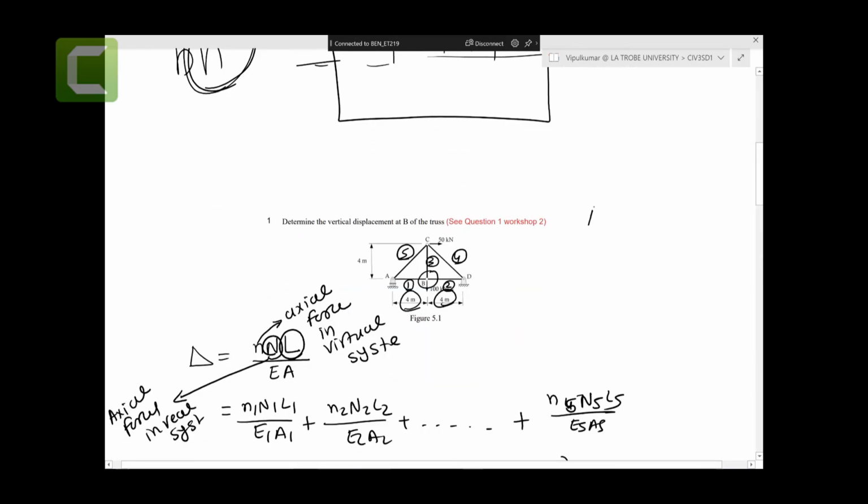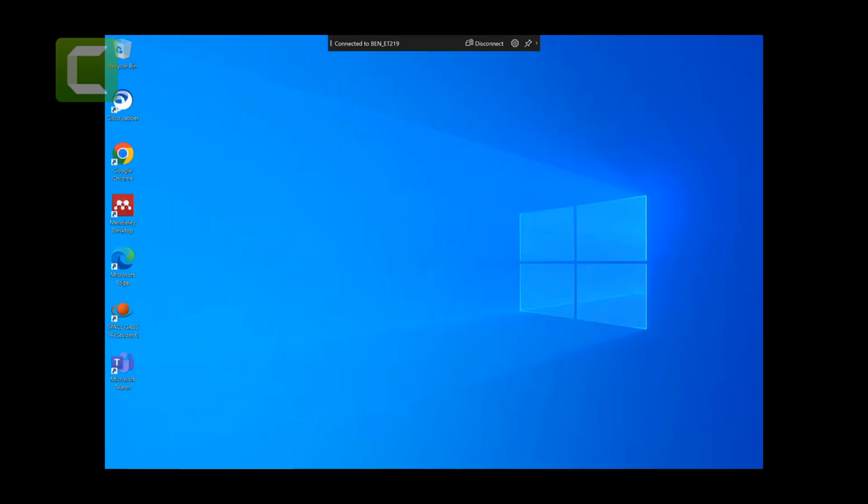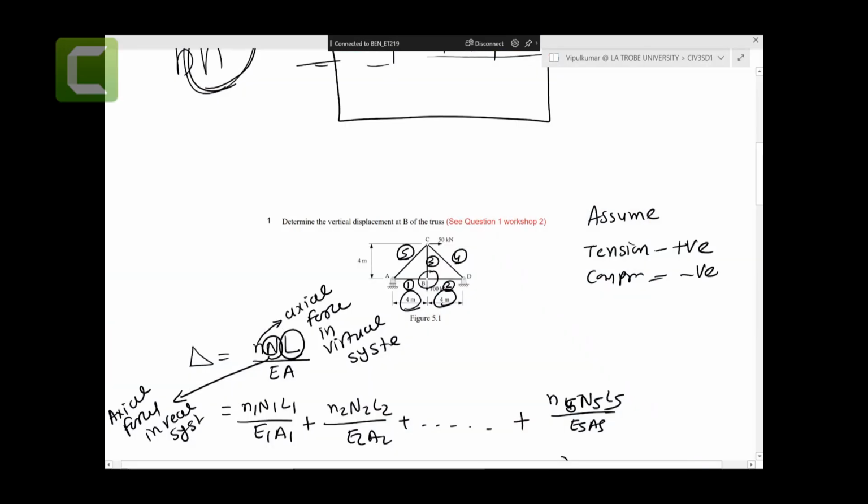The assumptions are: tension positive, compression negative, up force positive, down force negative, anti-clockwise moment positive.